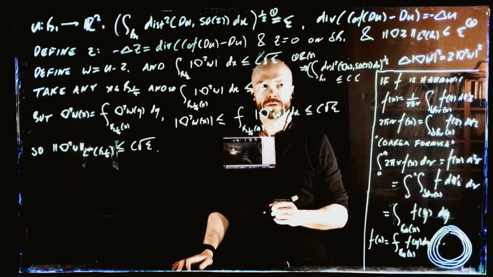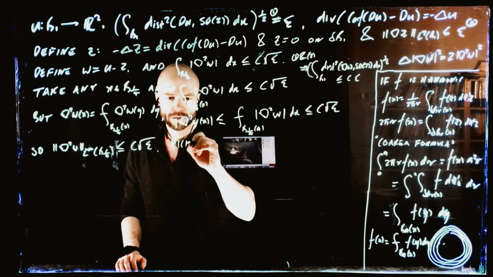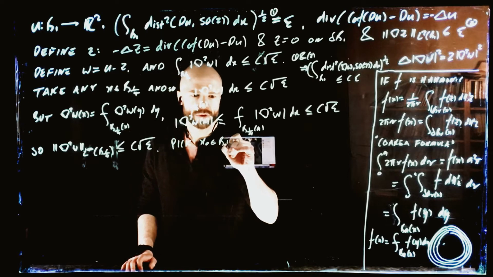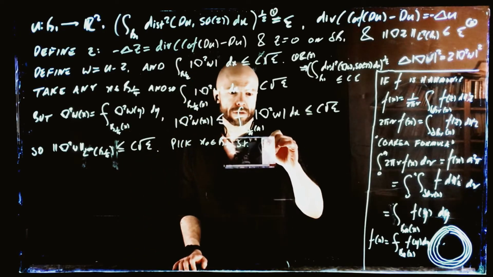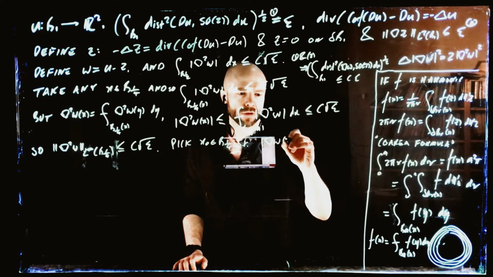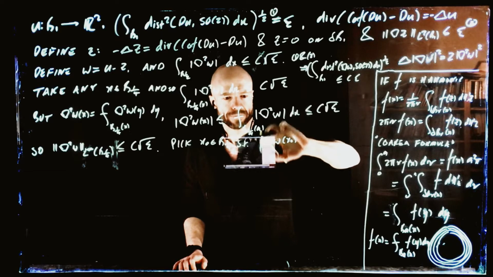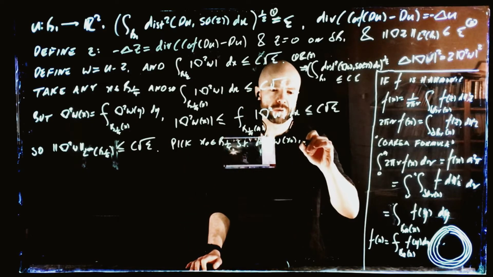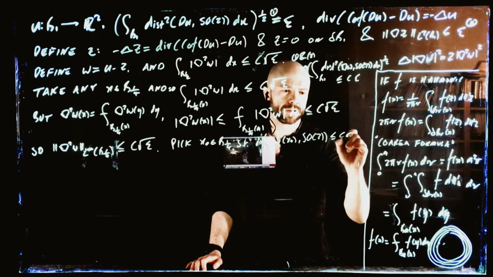Cool. So pick some x0 belonging to the ball of 1 over 4 such that the distance of the gradient of w at x0 away from rotations is less than constant times epsilon.